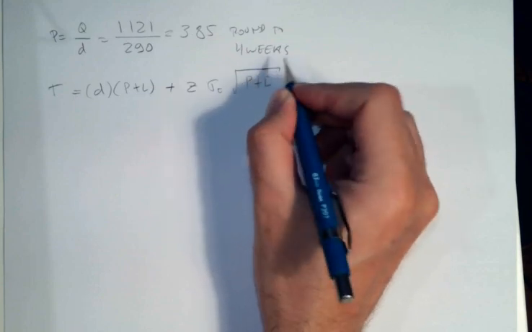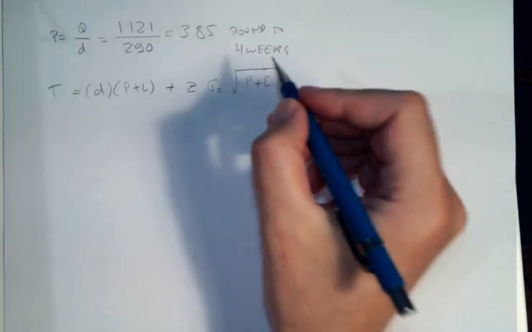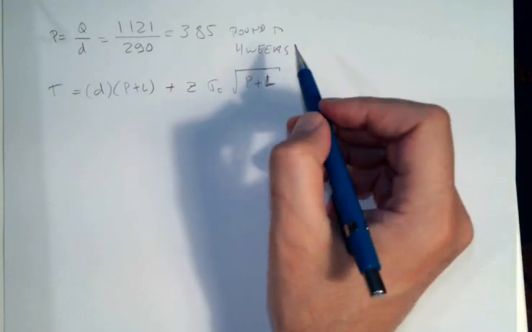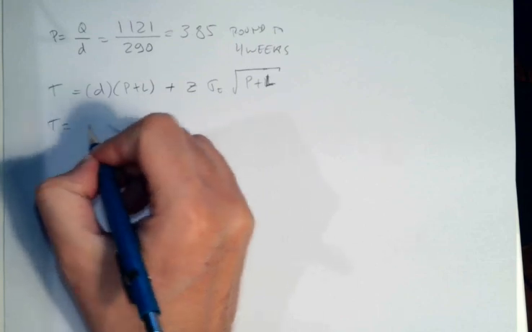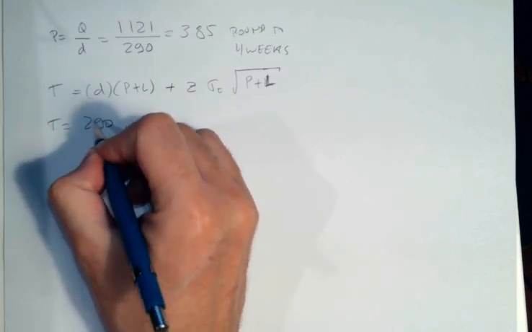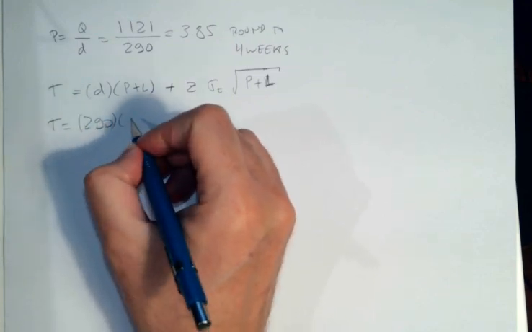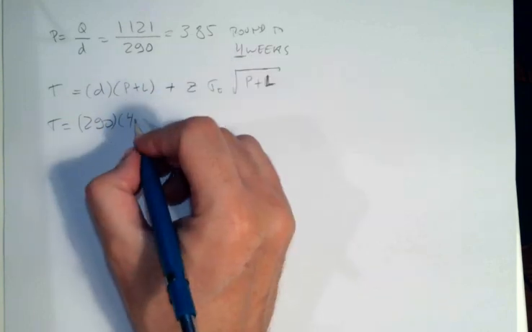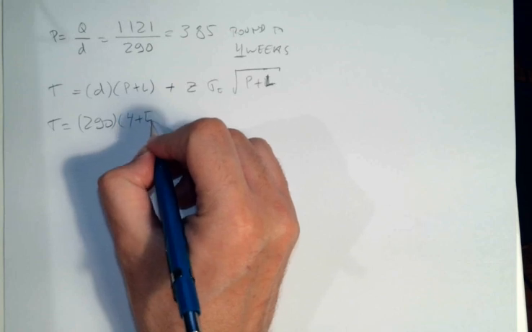So the target will be 290, which was the weekly demand, times P, which was 4, we just calculated. L is 5.